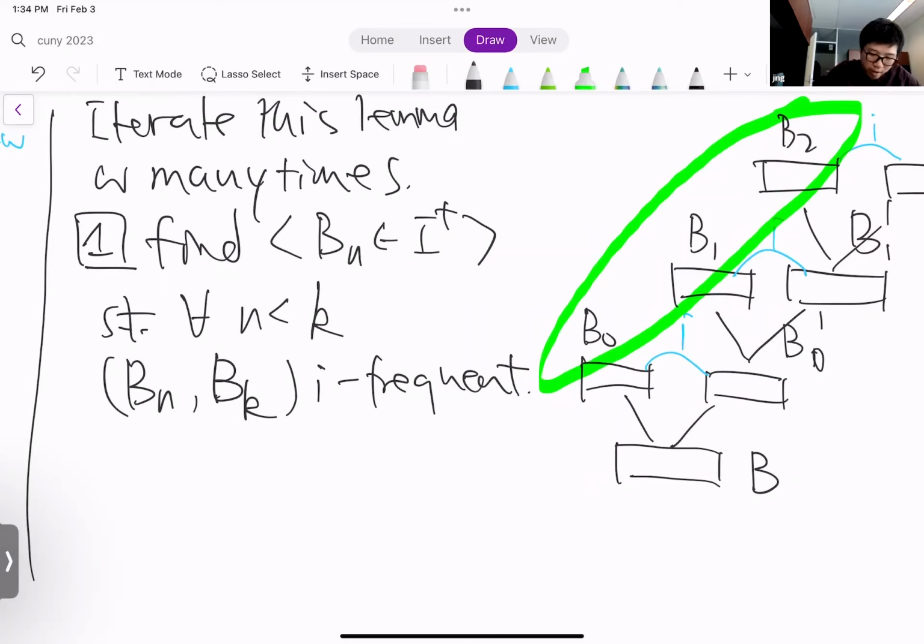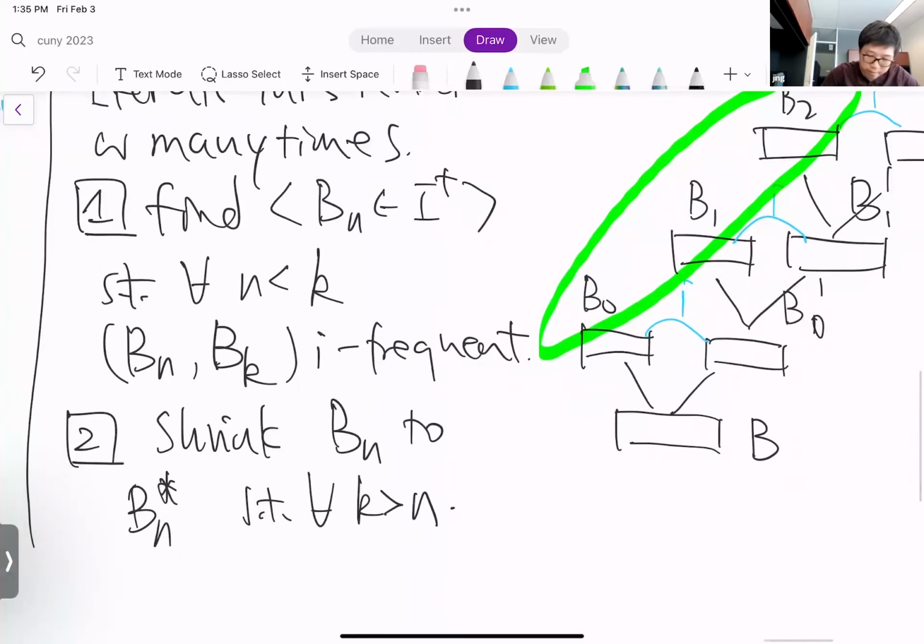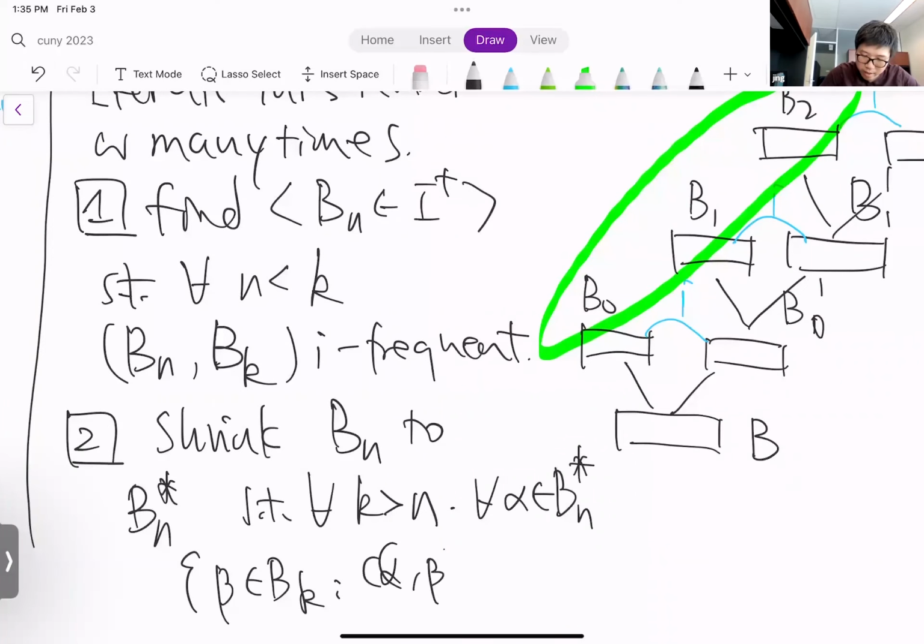Right. So the second step is just to shrink Bn to Bn star, such that for all k greater than n, and also for all alpha in Bn star, it's the case that for beta in Bk, C of alpha beta of color I is I positive.